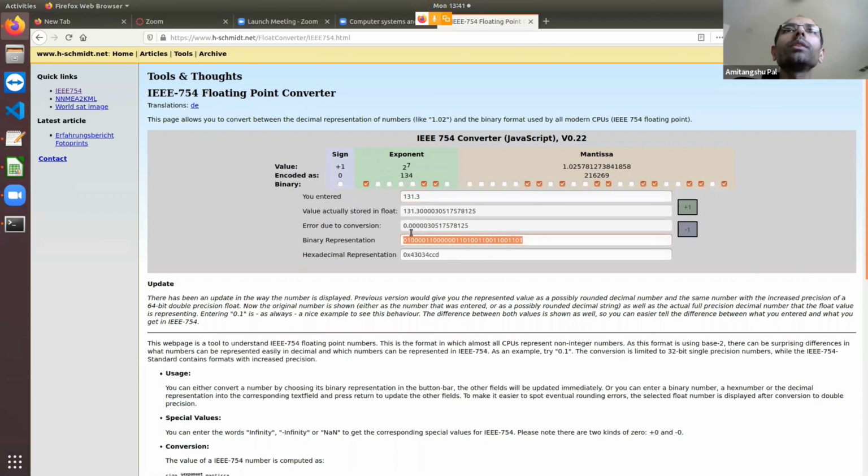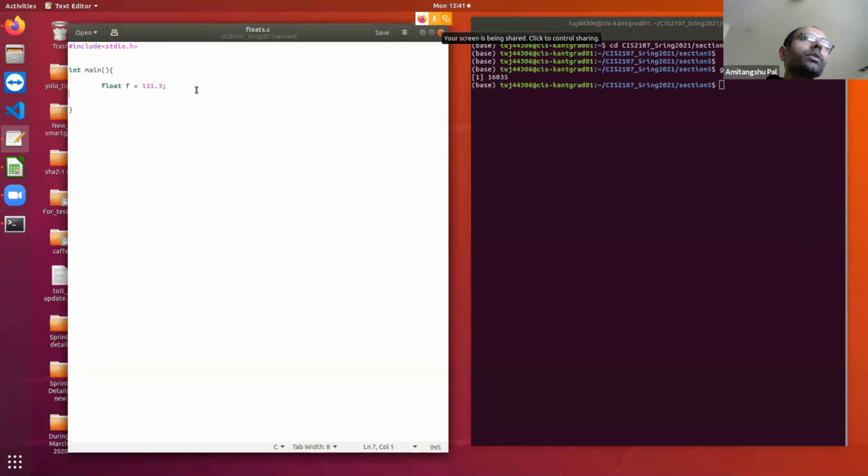So this is going to be the number. Let me copy it and put it over here for the sake of explanation. This is the answer that I want to get, because I am converting from decimal to binary. So I want to see this number as my output. Clear? The question is, how can I fetch this number?